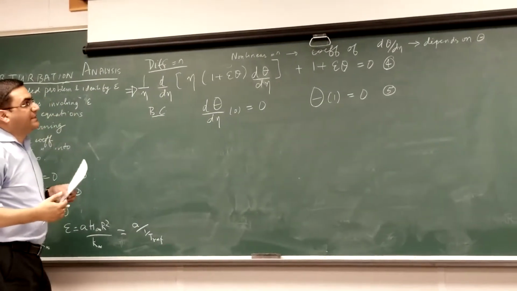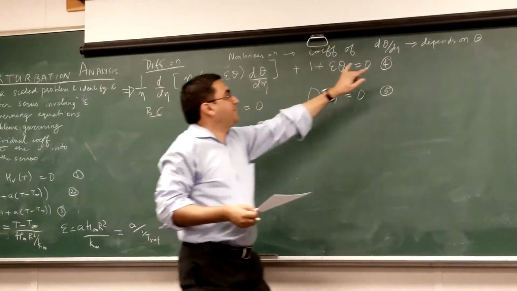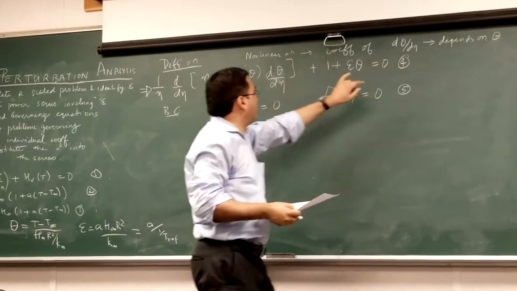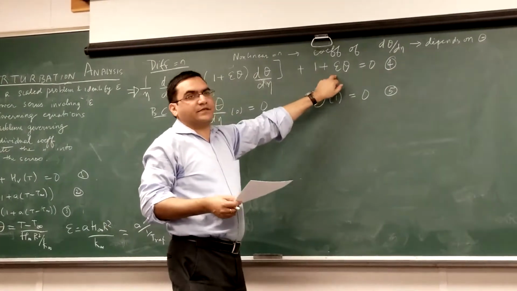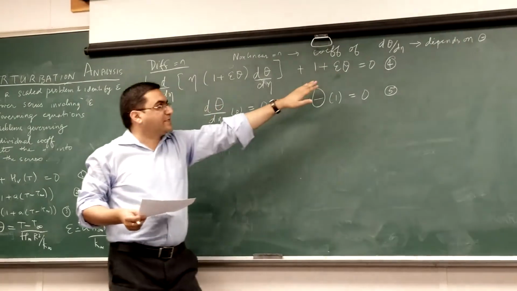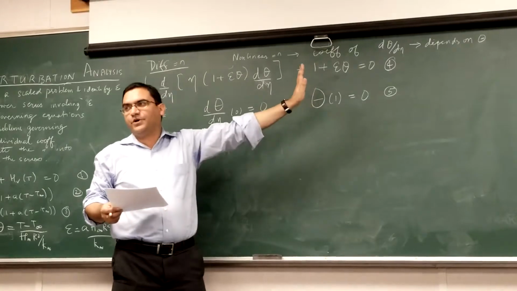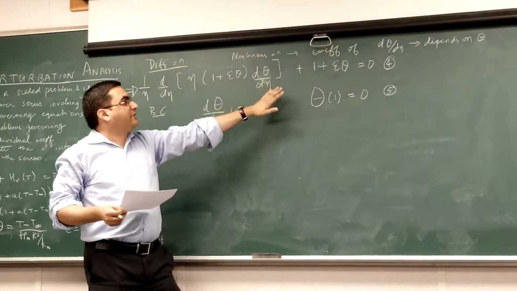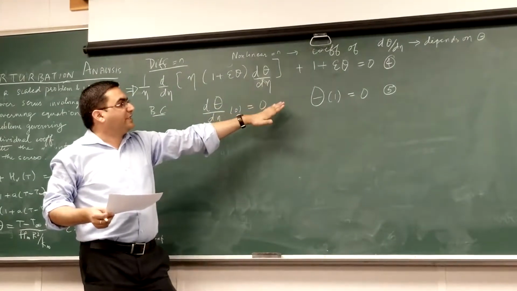For that reason, this kind of problem is going to be tricky to solve if I did not place a restriction on the values of epsilon. So when I place a restriction and I say epsilon is really small, I can solve it. If I don't make that restriction, then it's trickier.